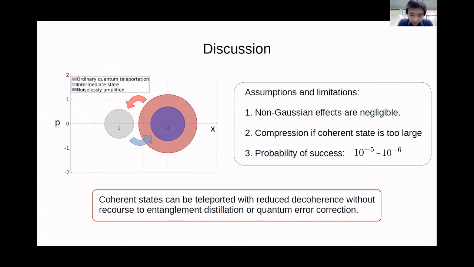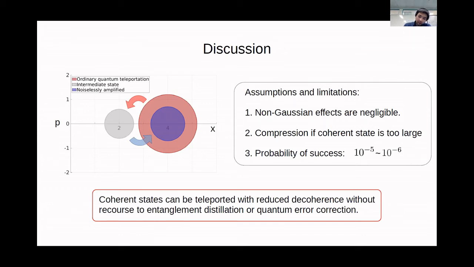The idea is that when you perform ordinary teleportation, the output state is decoherent. However, by adjusting the gain of the feed forward of the teleporter, it is possible to reduce the decoherence introduced by the teleporter at the cost of also reducing the signal strength.